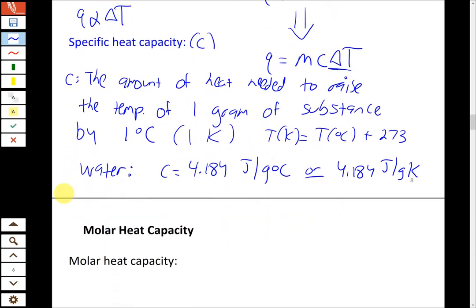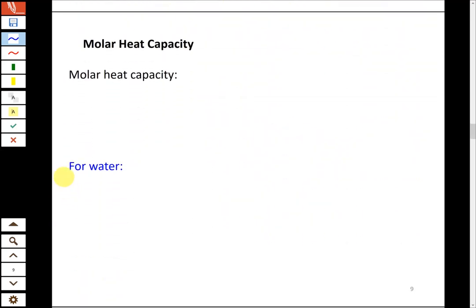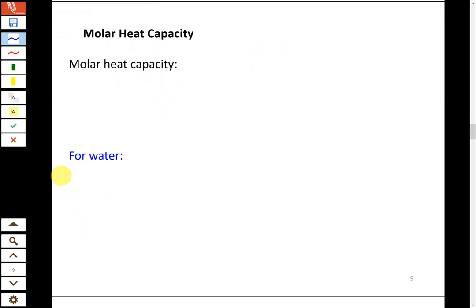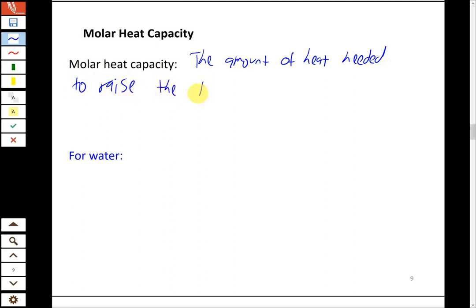Now there's one more heat capacity that is sometimes used, but not nearly as often, but we should be a little bit familiar with it, or just introduced at least, which is called molar heat capacity. So as the name implies, so specific heat capacity is in terms of grams of substance, molar heat capacity is in terms of moles of substance. So it would be the amount of heat needed to raise the temperature of 1 mole of substance by 1 degree Celsius.